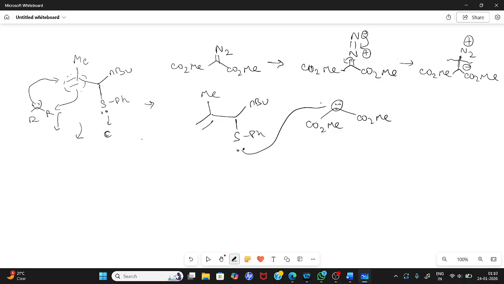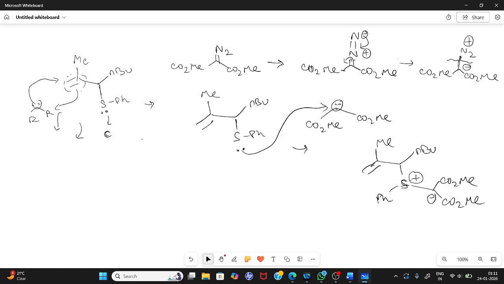So now this sulfur is going to attack the vacant orbital of this carbenic carbon, and what you are going to get is S-Ph. Since it has donated the electron density, it will be having the positive charge, and a negative charge on the carbenic carbon because it has accepted the electron density now.